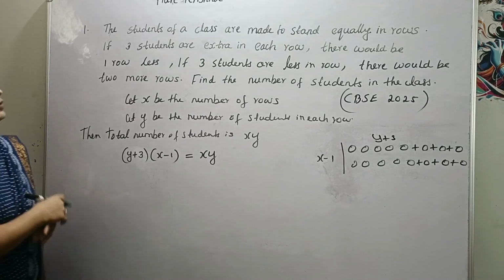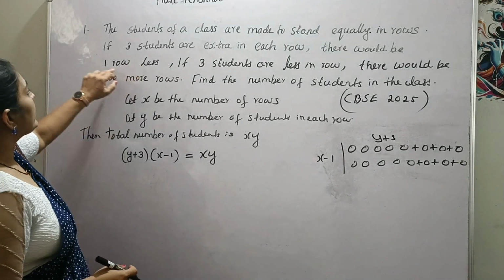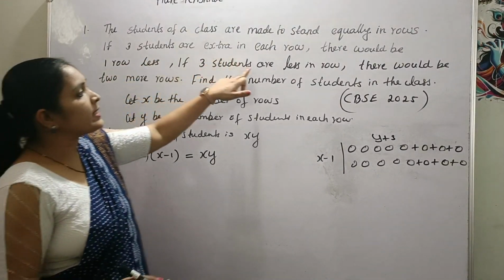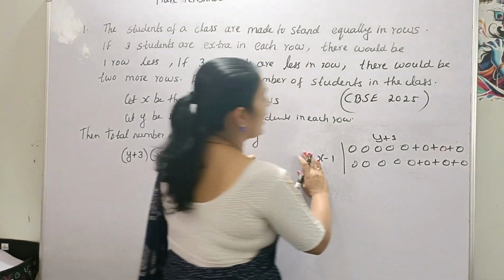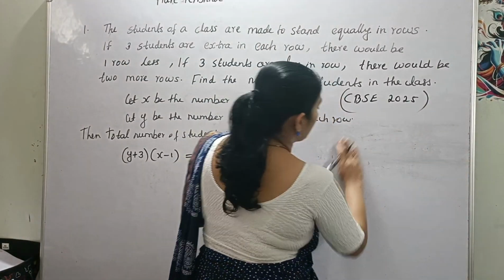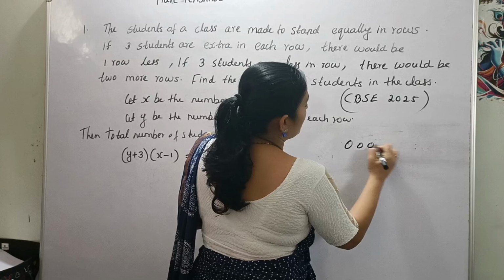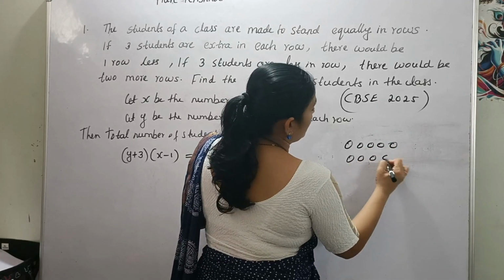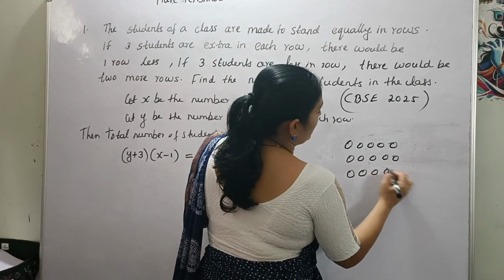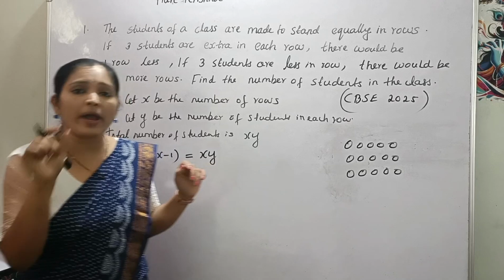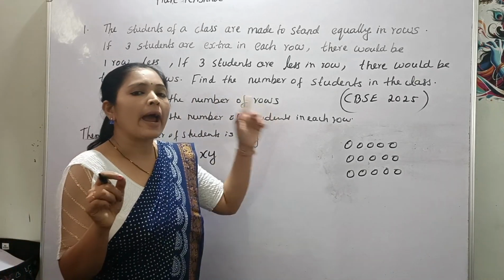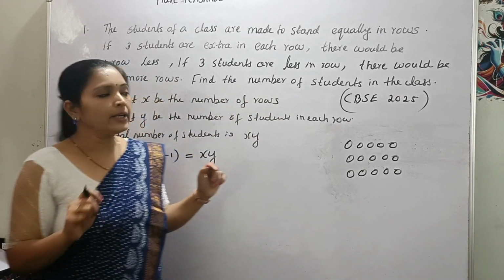And one more. Here it is given that if 3 students are less in a row, initially there were y students in each row and x rows.